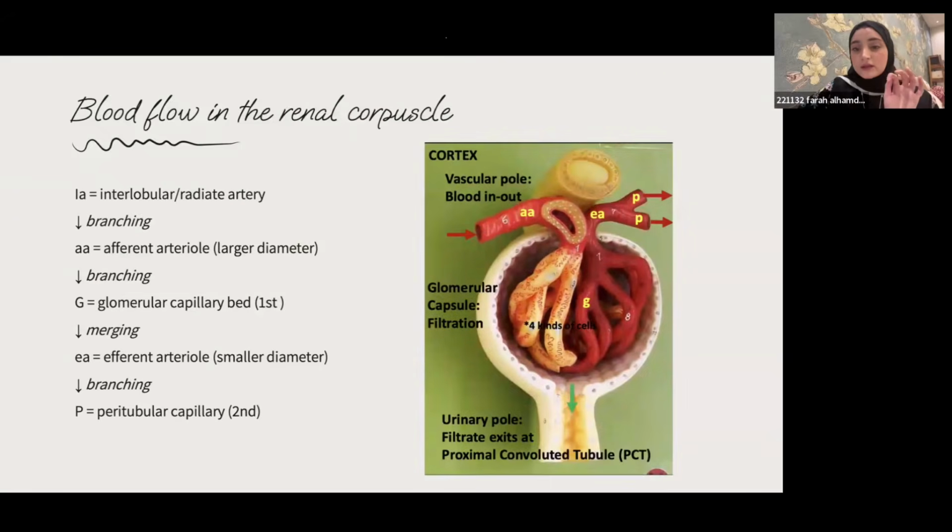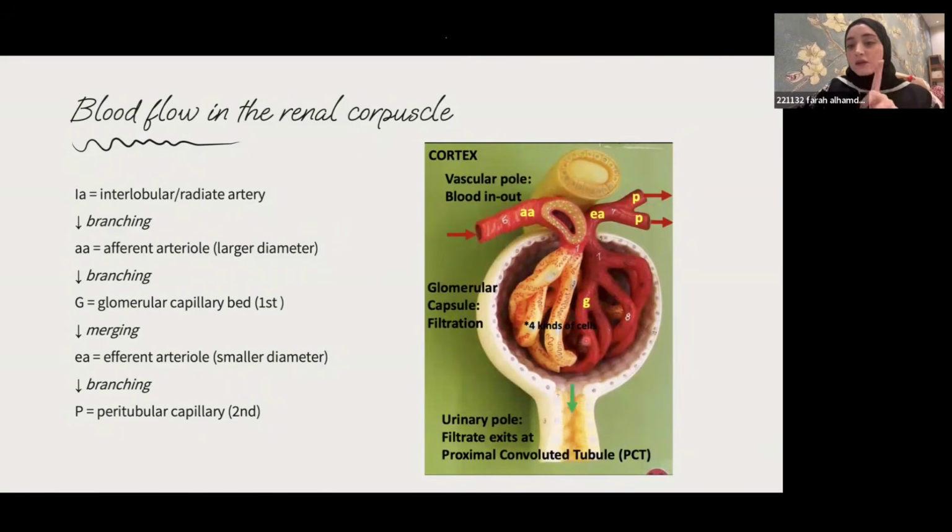So as we know from the CVS or cardiovascular block, when vessels branch, they create capillaries. They're still moving red blood, or oxygenated blood. Then when they merge, they create venules, where blood should be going back to the heart, right?